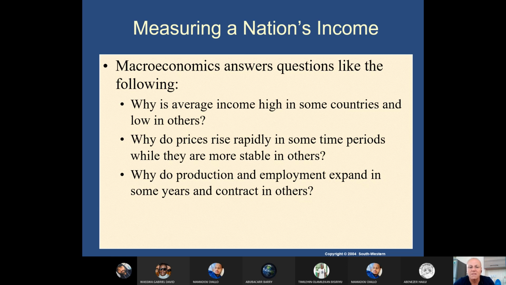Because, as you understand, when you are increasing the general price level, which is the inflation, it is also causing a transfer of some resources from consumers to the producers.